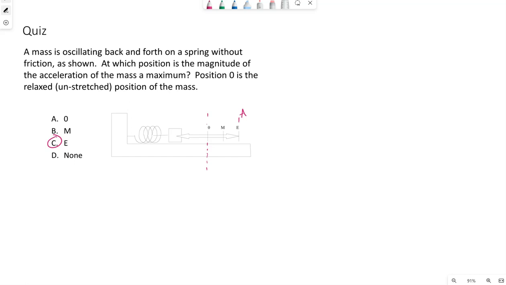And that's because the force of the spring depends upon the displacement. So that force gets bigger and bigger until we reach a maximum distance, and it's the force that causes the acceleration. So point E is where the acceleration is the maximum.